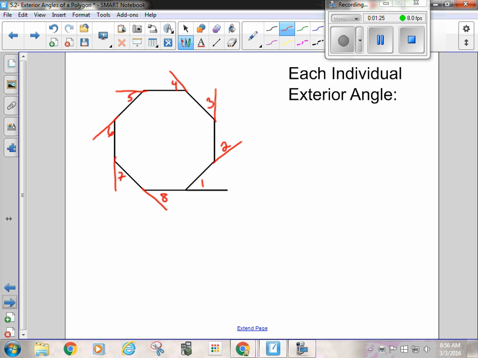So the number of exterior angles we have is always dependent on the number of sides we have. 10 sides, 10 exterior angles. 127 sides, 127 exterior angles. So we know the sum of the exterior angles is 360, and if I have 8 of them, I'm going to take 360 and divide it by 8 to find each individual exterior angle. And in this case, it's going to be 45 degrees. Okay?